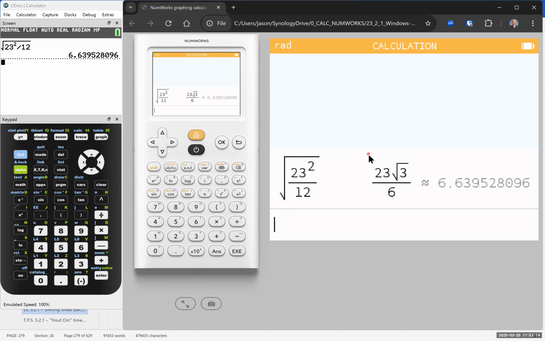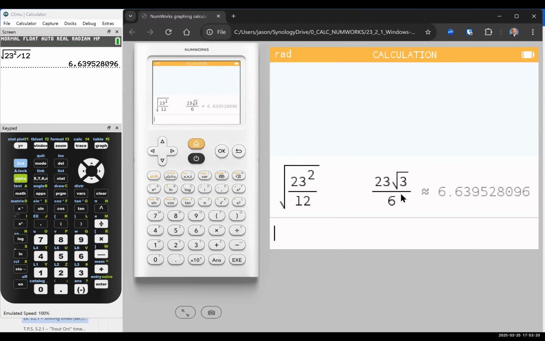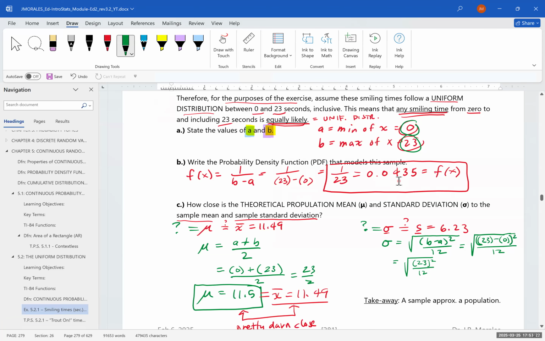Okay. So we're getting approximately 6.64. So that's going to be equal to 6.64. That's the theoretical population standard deviation. Now, how does that compare to the sample standard deviation, which was 6.23?